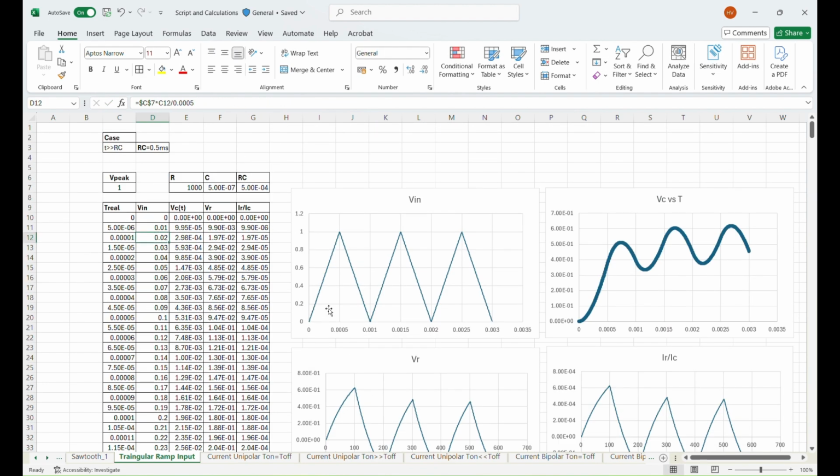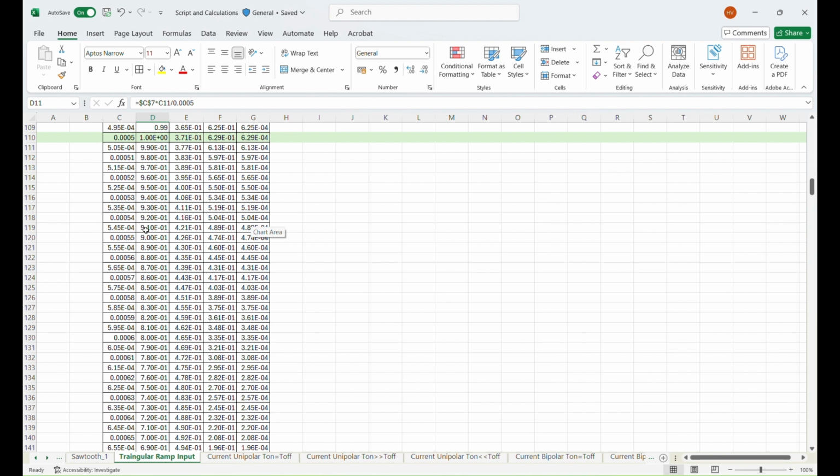Now V in for 0 to 0.5 milliseconds for the rising slope is calculated as V peak into T real by T peak. Now after 0.5 milliseconds, this is how the V in will be calculated: V peak minus V peak into T real minus T start by T peak.